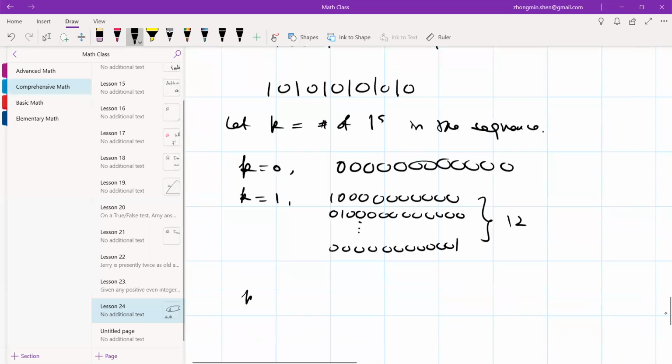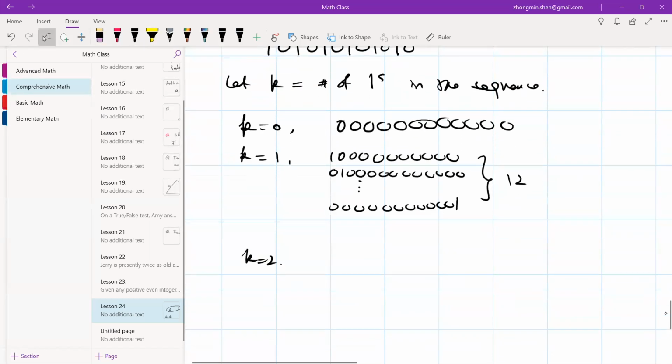Suppose k equals 2. How can you get that? You have 2 ones, then you only have how many zeros? 10 zeros. If you have 10 zeros, how can I put a 1 there? 2 ones cannot be next to each other, right? So you have 10 zeros and 11 spaces actually.